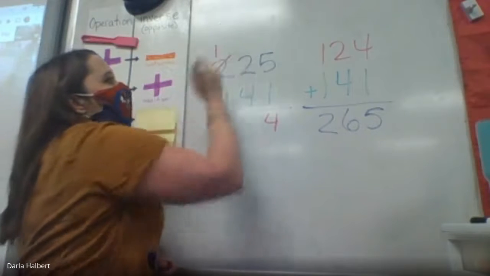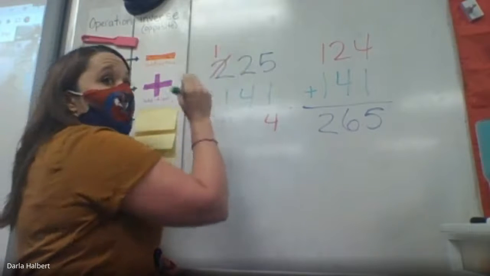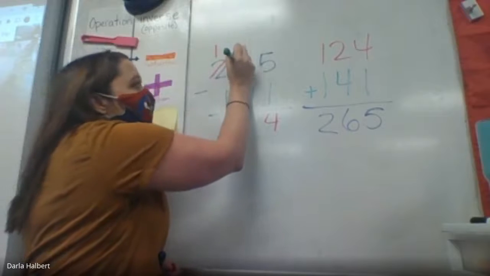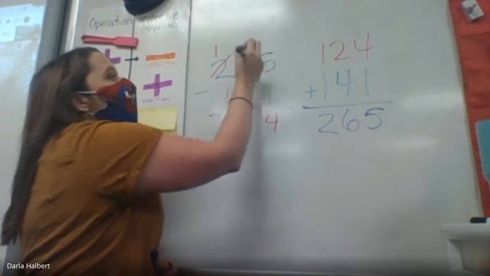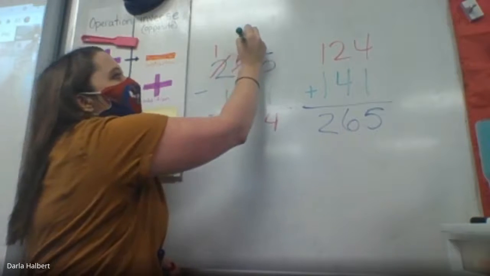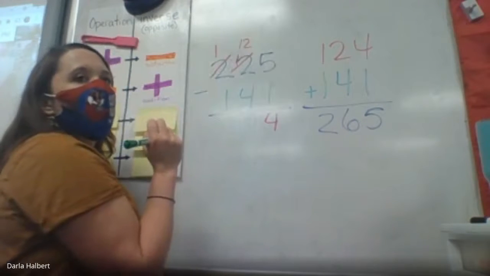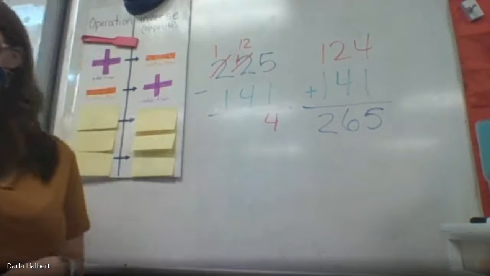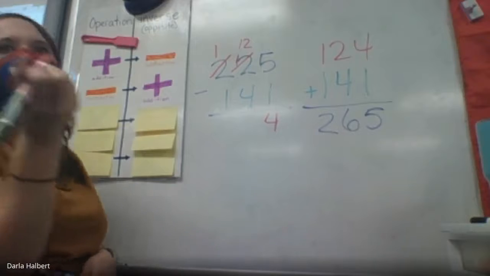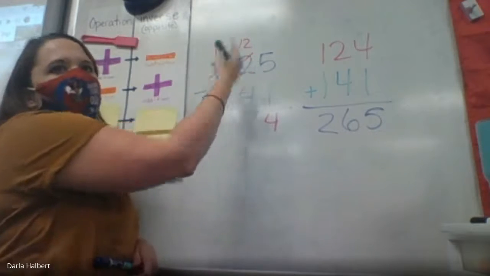Just a 1. That 1 that I took, I like to squeeze it in here so you know that's a 12. Or some of you, maybe you like to cross out the 2 and rewrite it. Okay. I like to squeeze it in so I don't forget that there's 1. Sometimes people cross it out and then they write 10 instead of 12 because they forget about the 2.